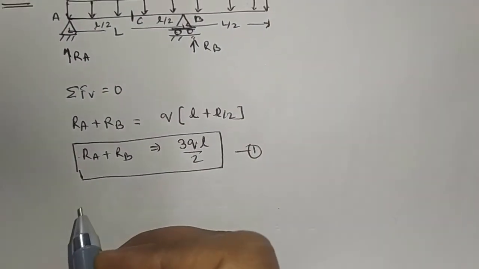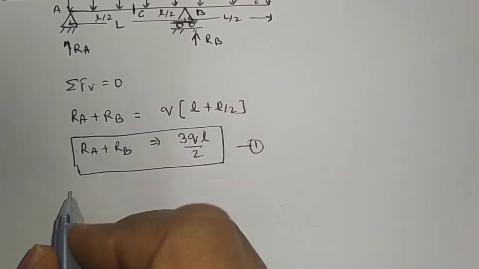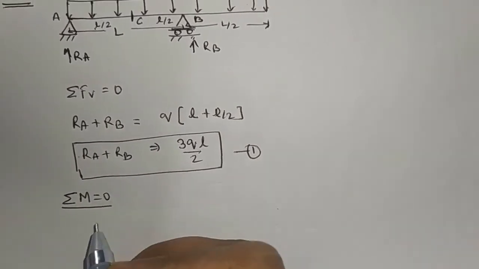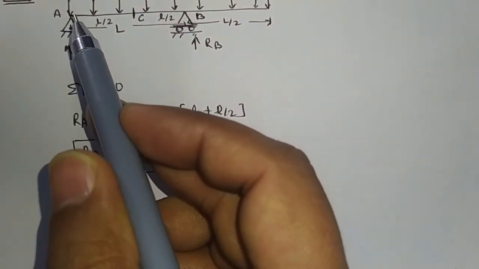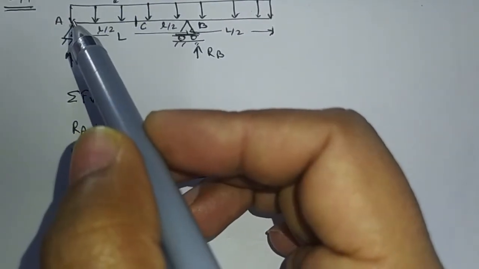Now we will use the second equation for static equilibrium, which is summation of moment equal to 0. As point A is a hinge support, the moment due to the reaction will be equal to 0 at this point.